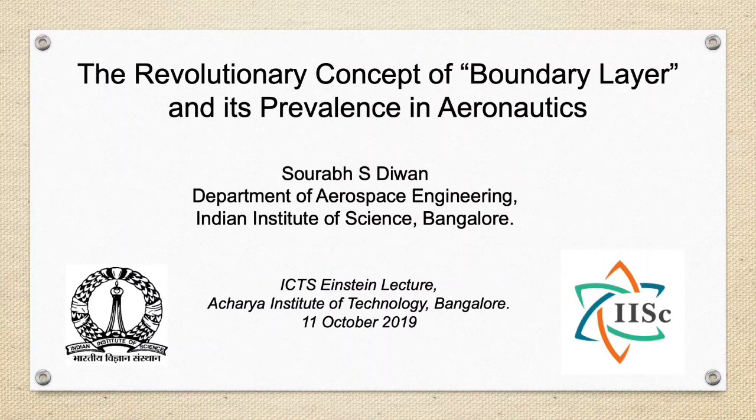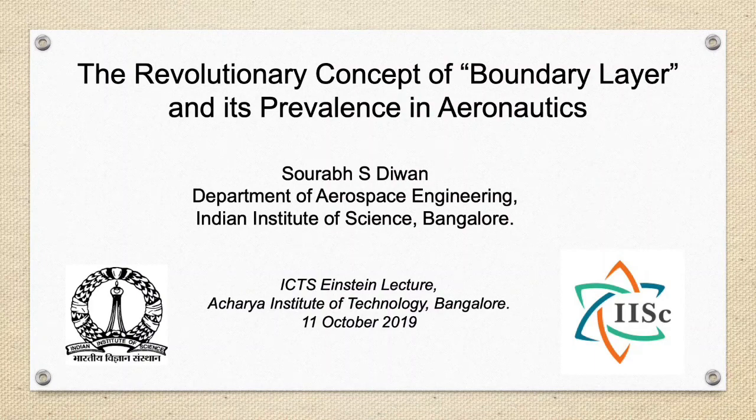So as you know, for a fluid which is assumed to be continuous in space and time, the governing equation is the Navier-Stokes equation. All of you at least will be familiar with the term Navier-Stokes equation.